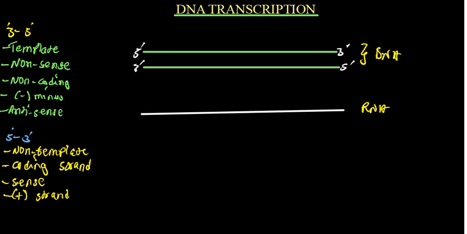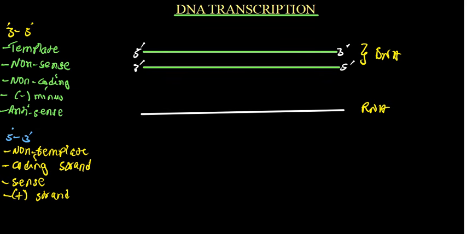Now one might get confused, like we are calling this strand which runs in the direction 3 to 5 a template strand. At the same time, we are saying it's nonsense, antisense, or non-coding. What does it mean? What it means is that the coding strand, the one which runs in the 5 to 3 direction, is the strand which gives specifications about the protein to be produced.